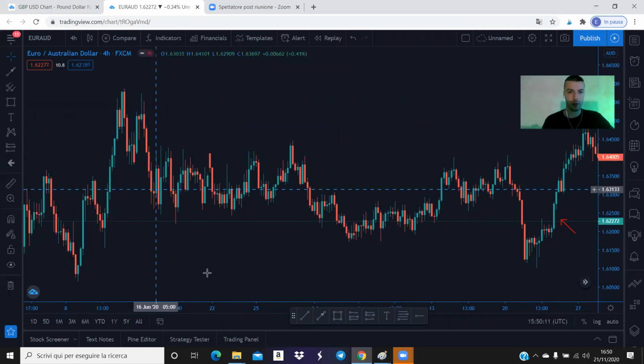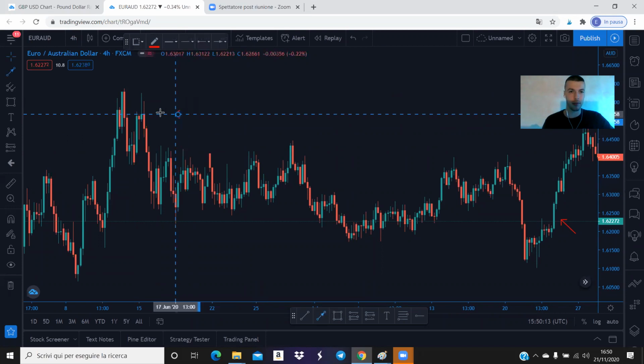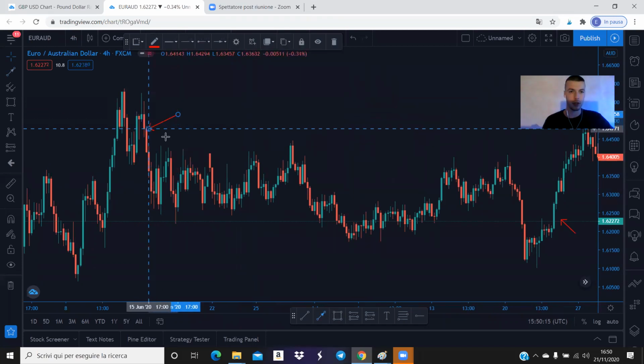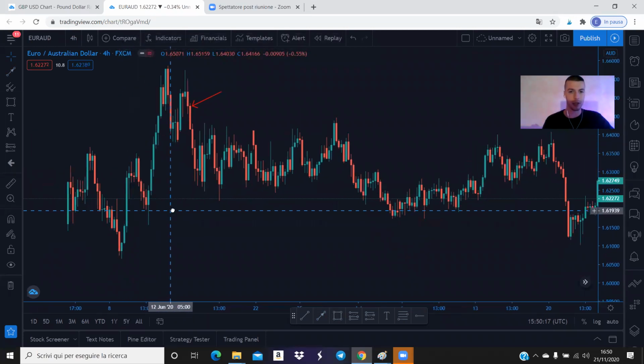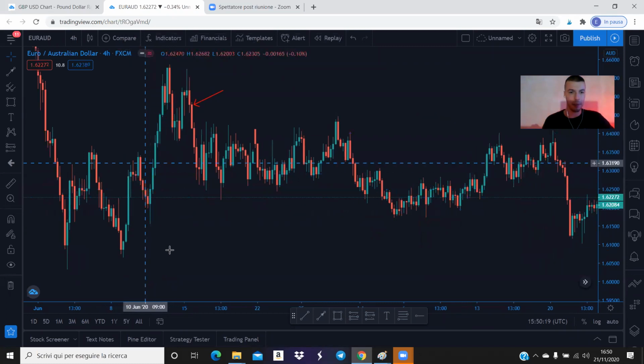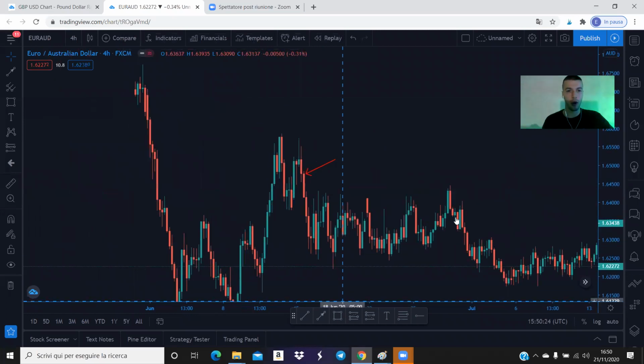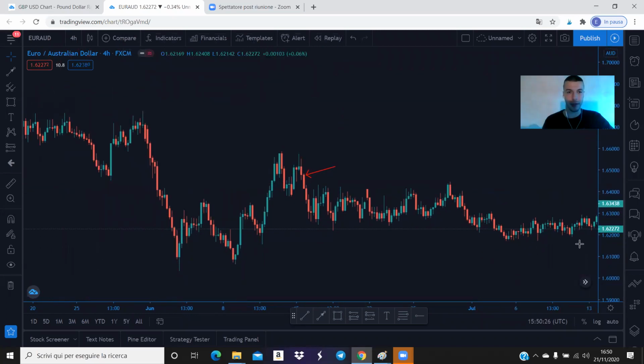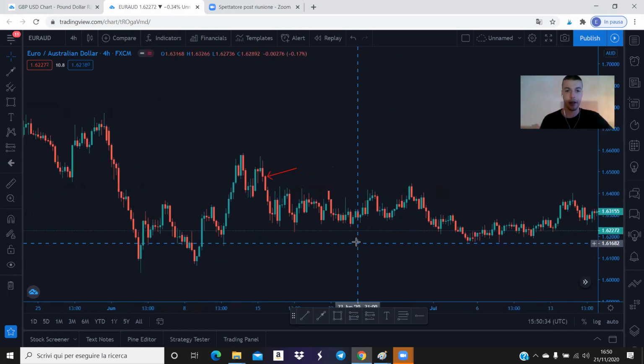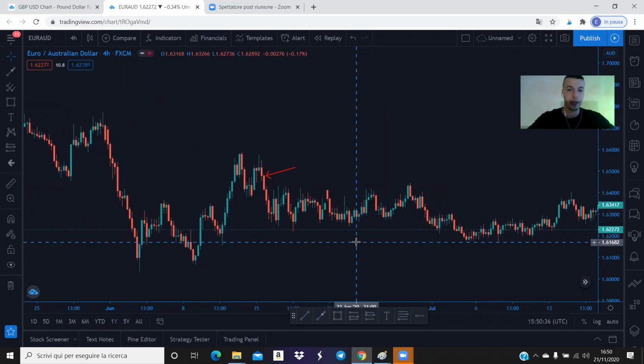So big drop to the downside. Here in general, just big drop to the downside. Here the same, big push to the upside. Also this big candle. These are all very good supply and demand areas. Also this one right here, big push to the downside, big candles. So in this case, we are understanding where there is liquidity in the market, where there are the big moves.